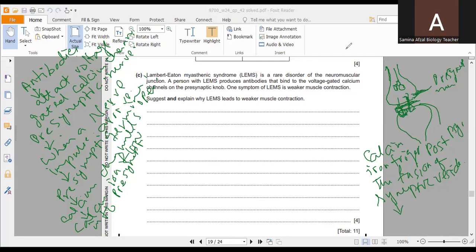Now, what happens when LEMS is there? The antibodies block or reduce the function of these voltage-gated calcium channels. So what happens when there is LEMS? There is a reduction in calcium ion influx.